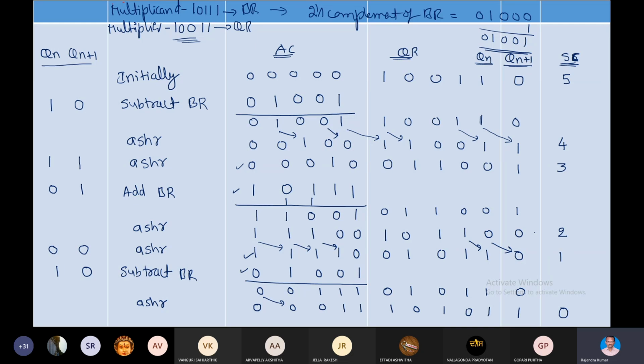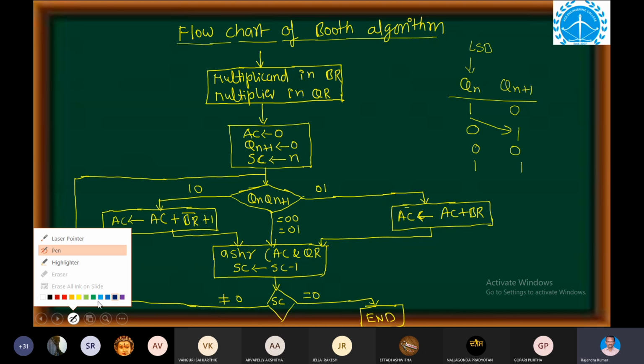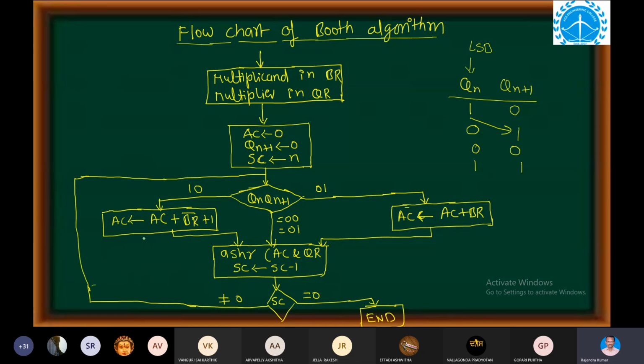Okay. So one thing you have to understand is that we are not doing simple shift right. We are doing arithmetic shift right. Okay, arithmetic shift right we are performing. So we have to check which operation we have to do. That means if Qn plus 1 is 0, 1, we have to perform simple addition.